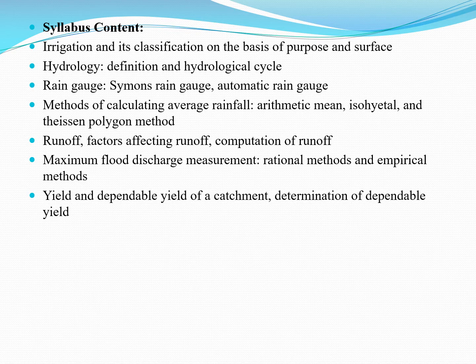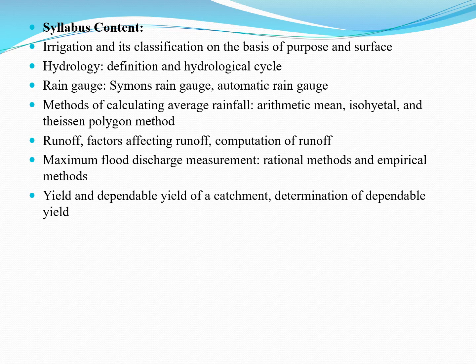In that, what is an irrigation system and how it works, and what are the different classifications of irrigation systems based on the purpose and its surface. Next is hydrology, its definition and hydrological cycle.